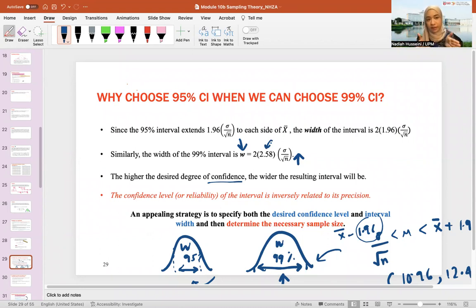You want a specified width that you already have in mind. For example, you want your width to become 0.5. You can put 0.5 here and calculate for what n that would give you a width of 0.5. So if my width is 0.5, this side would be 0.25, and this side would be 0.25.